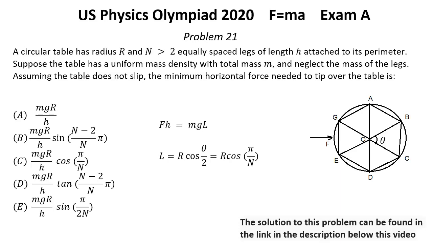Solving for F gives the answer: F equal mgr over h cosine pi over n. Note that credit was given for both choices B and C, since they are equivalent. That was a solution for problem number 21.